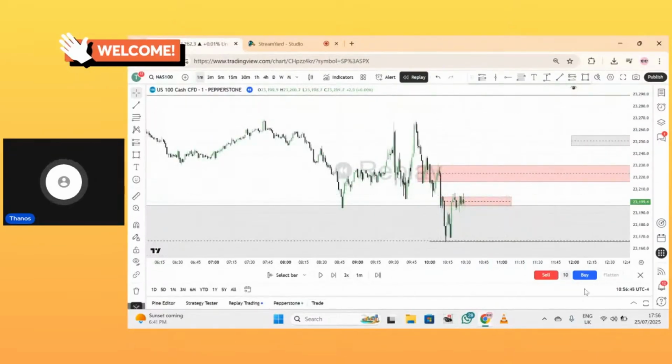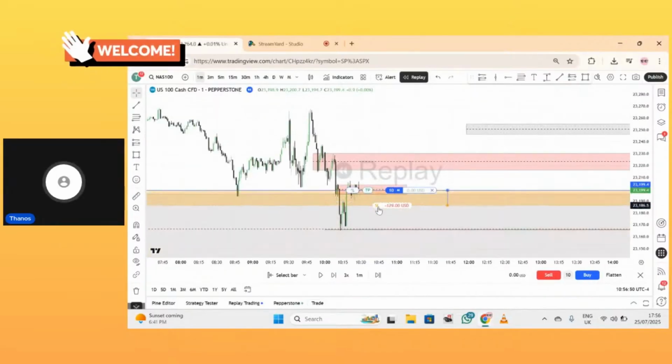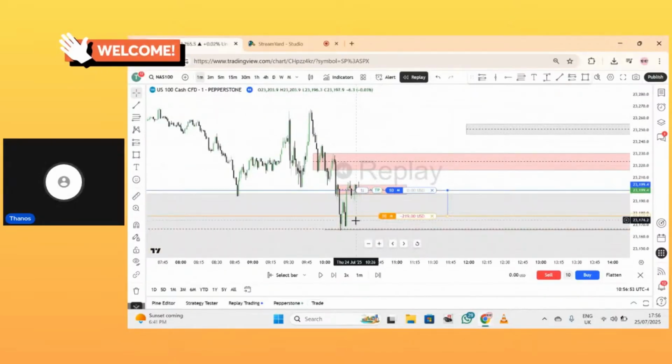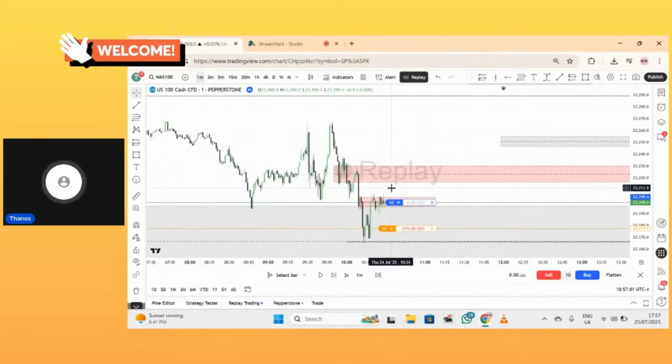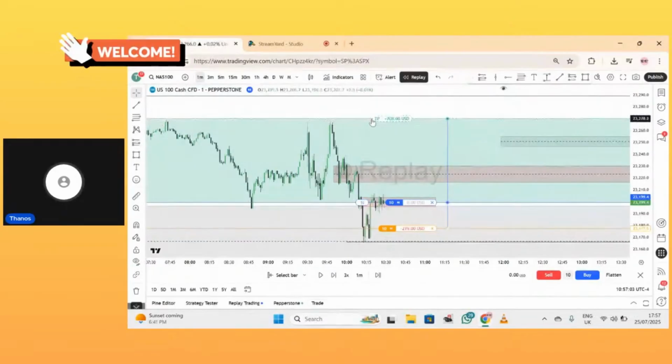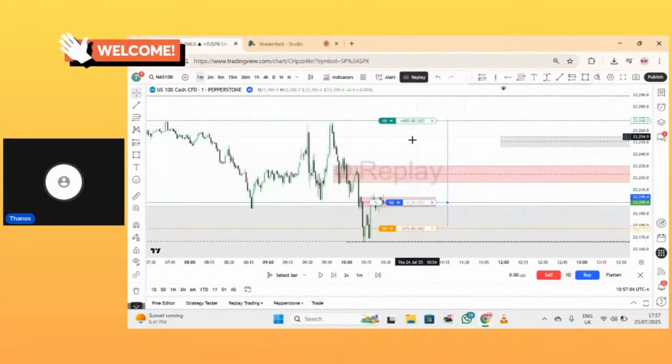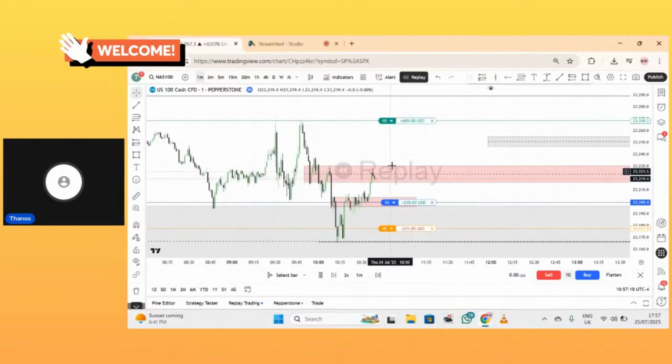So in this trade, I would buy somewhere here, and then my stop loss can be the mean threshold of this order block, considering this is a market structure shift, fair value gap. And then my take profit is somewhere there. So you can see this is a very good RR. This is a 1:3 risk to reward ratio.